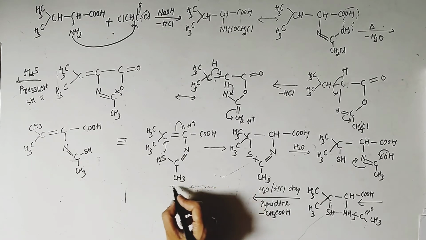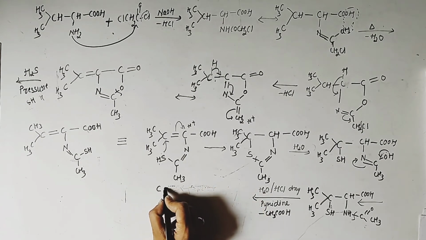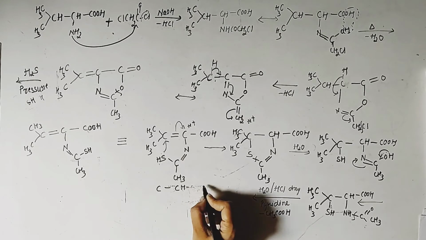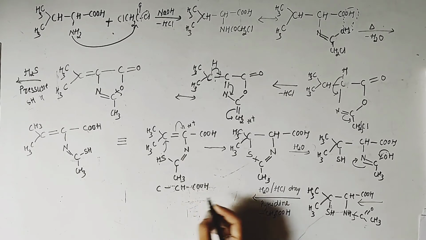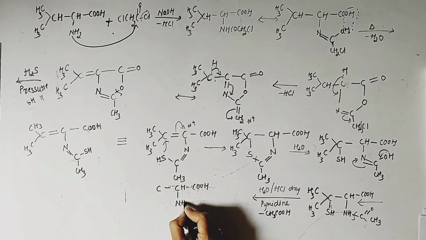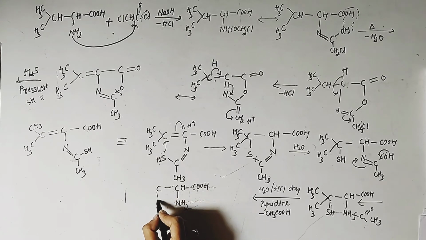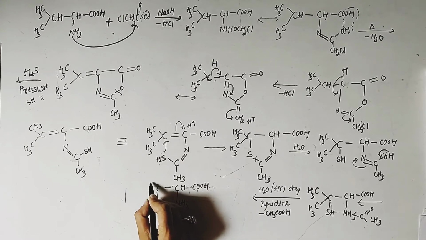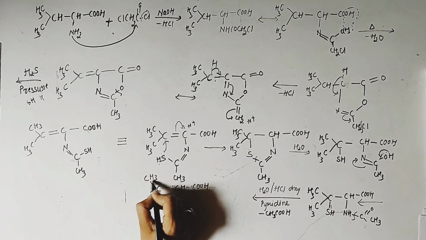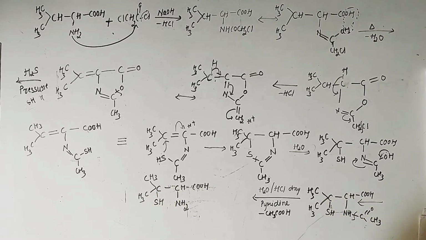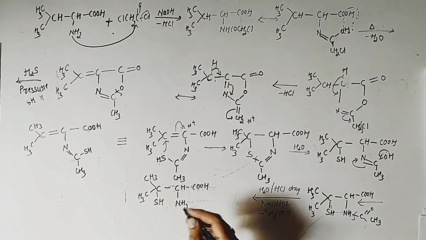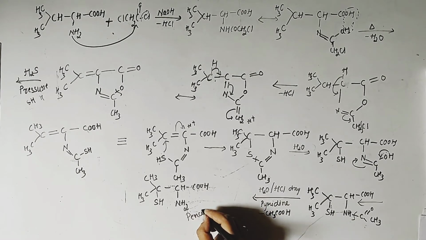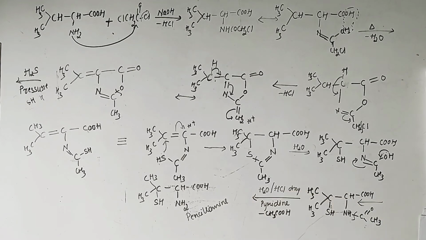It can be written as CH, COOH, and this side we get NH2, and here SH is there. Finally we have CH3, CH3. So this compound is called penicillamine. So this is the synthesis of penicillamine.